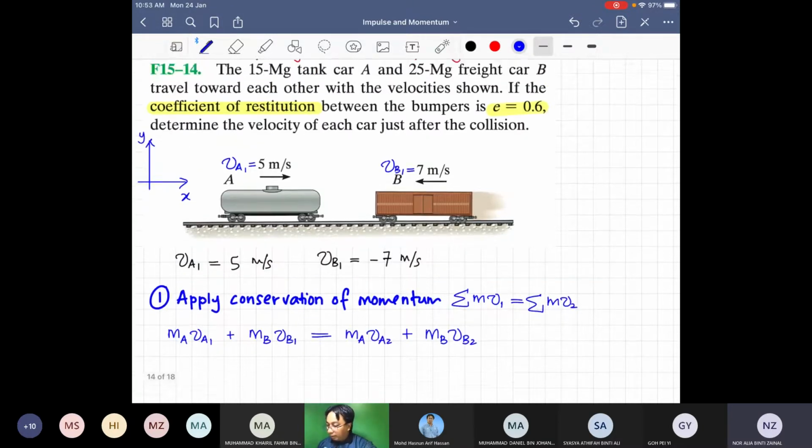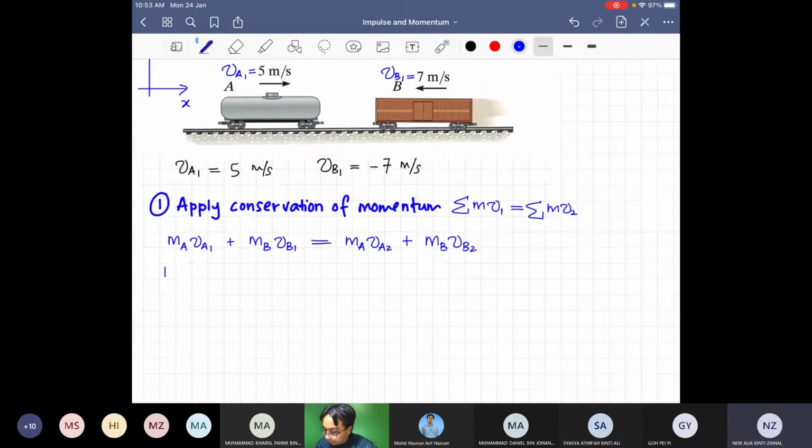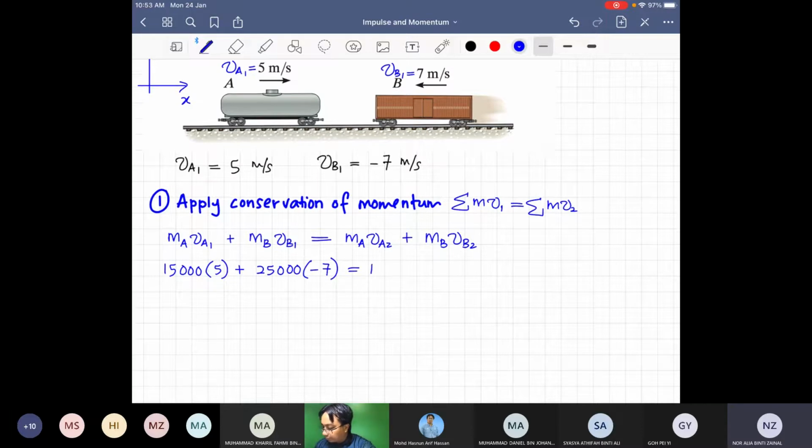MA is 15,000 multiply with VA1 is 5, and then tambah MB is 25,000, VB1 is minus 7. Remember minus ni. Kalau tersilap letak positif, dia akan jadi salah. Sama dengan MA is 15,000, VA2 kita tak tahu, plus 25,000, VB2 pun kita tak tahu.